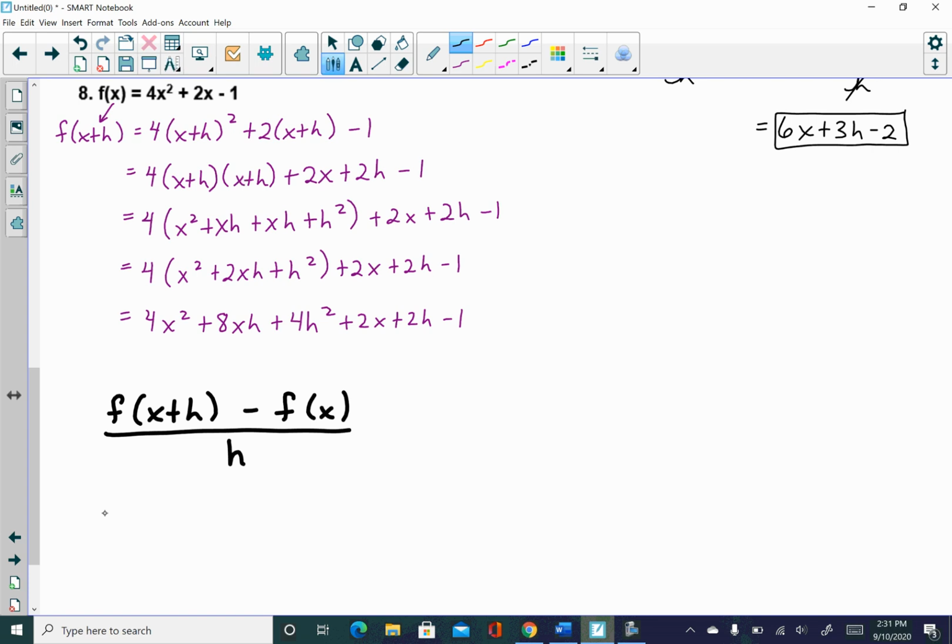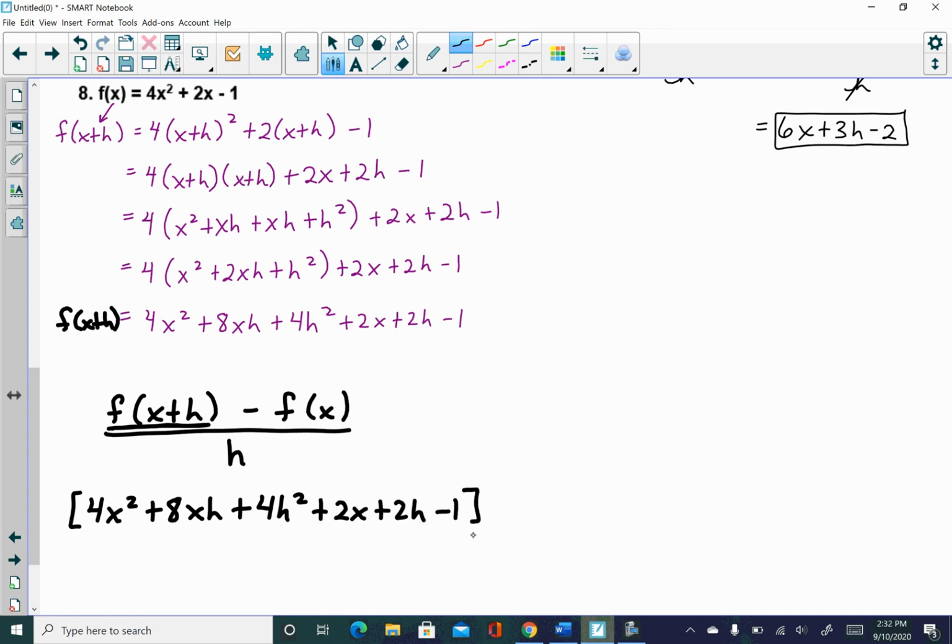So filling in what we know, we just found f of x plus h. That's this piece, so all of that is going to come in and take care of this. I'm going to start my bracket: 4x squared plus 8xh. Just keep copying. That's f of x plus h.